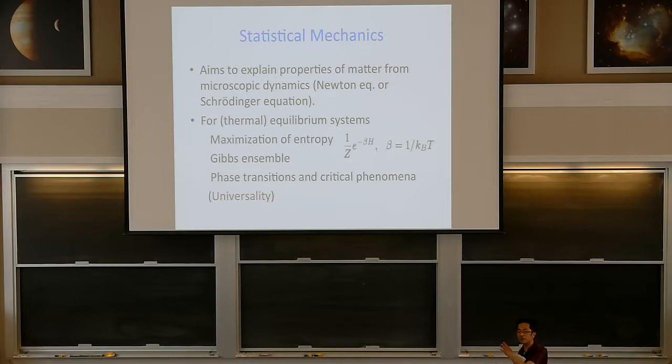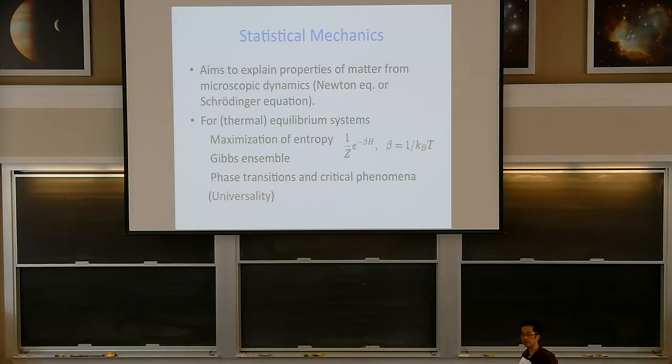So at least in these lectures, we are thinking of classical systems in which many particles are interacting, and we are interested in the macroscopic behavior of these interacting systems. In statistical mechanics, there are two aspects. One is about equilibrium systems.